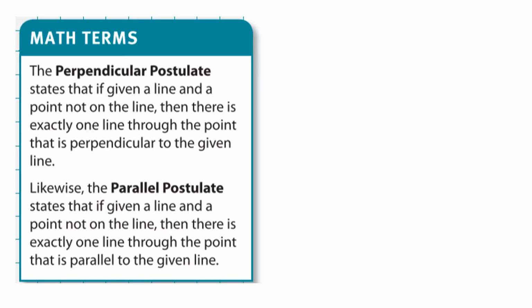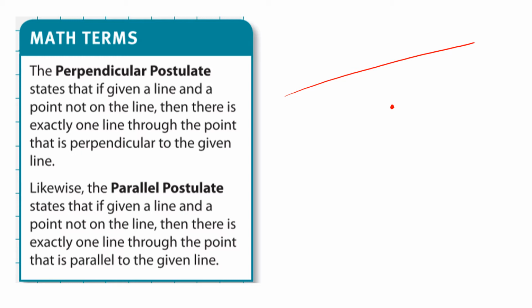So before we get to that, we're going to go over two postulates that I want you to add to your list as well. First is the perpendicular postulate. It says that if you have a given line and a point not on the line, so I have a line, and then I have a point that's not on the line, then there is exactly one line through the point that is perpendicular to the given line.